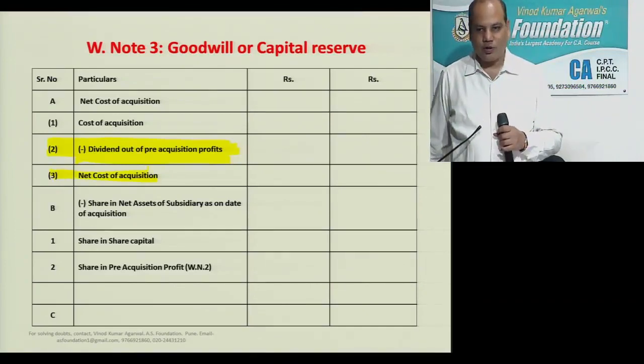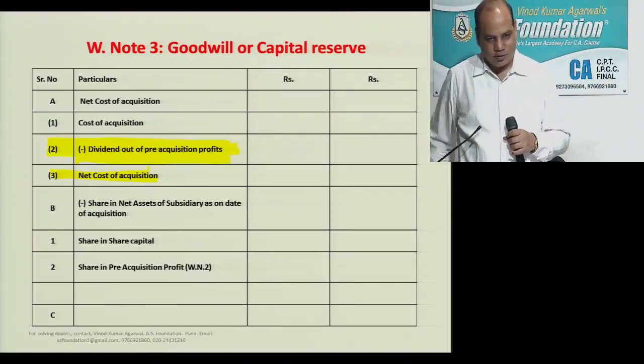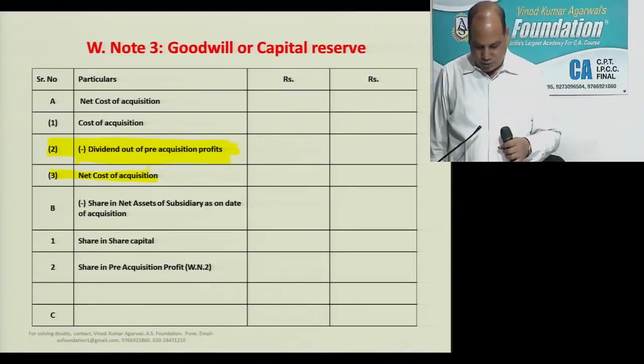So in those questions, if dividend is paid out of pre-acquisition profit, then we will add 2 more lines in working note 3: less dividend out of pre-acquisition profit and net cost of acquisition. Right? Now you can draw the format.